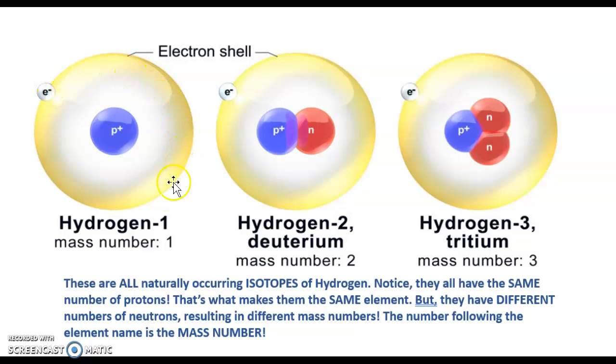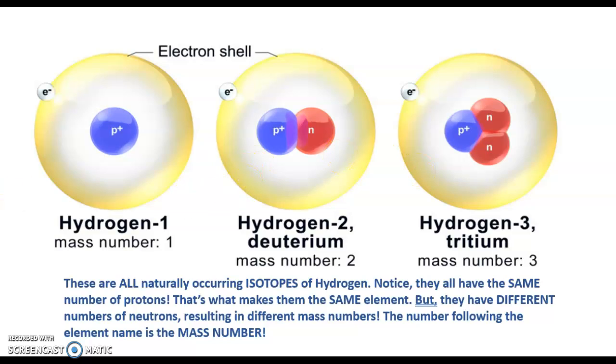The other thing I want you to notice is that because we have atomic number 1, we still have 1 electron, and so the number of protons and electrons is identical in all 3 of the forms of hydrogen here. The only thing that's different is the number of neutrons, and therefore they have different mass numbers.